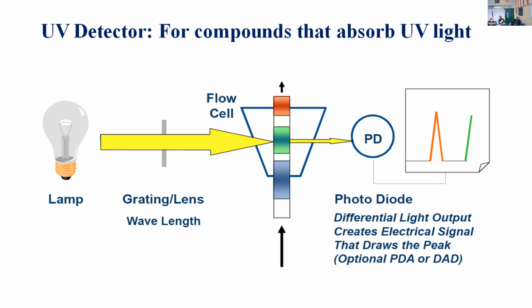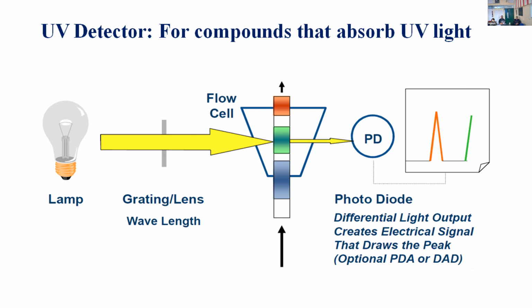Once the light is put on the flow cell, that molecule absorbs some amount of light, and the remainder passes through the flow cell and reaches the photodiode. The photodiode converts this signal into an electronic signal, which is converted into the chromatogram recorded in the computer.